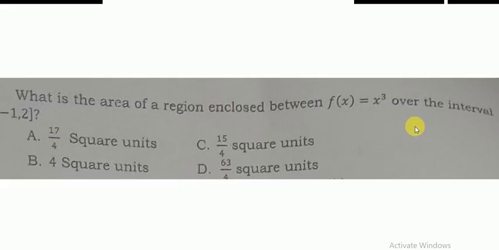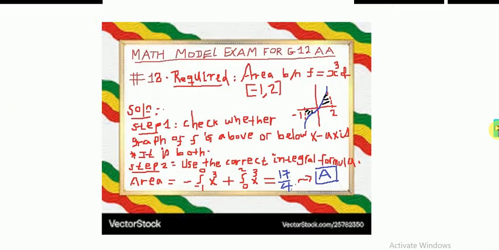To solve this kind of problem, it is useful to sketch the given function and the described region. For example, when we sketch the graph of x cubed, we get this kind of curve. We have to check whether the region is above the x-axis or below the x-axis or both.